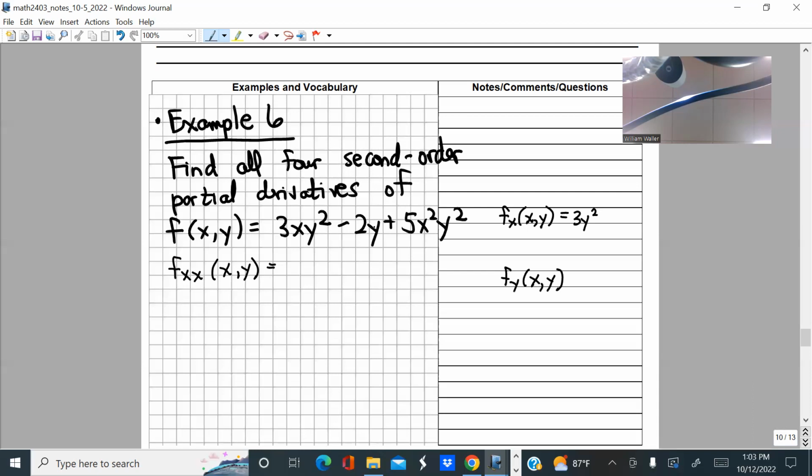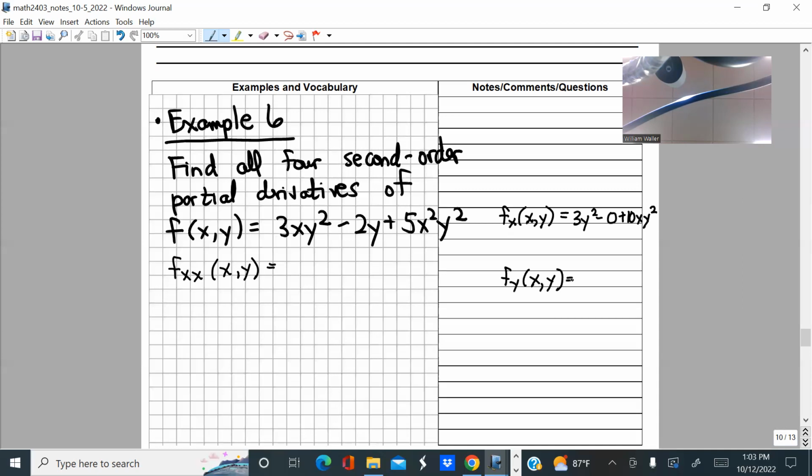Then 0, because there's no x there. And here you use the power rule: bring the 2 down, 2 times 5 is 10, and the y squared just stays there. So you get plus 10xy squared.